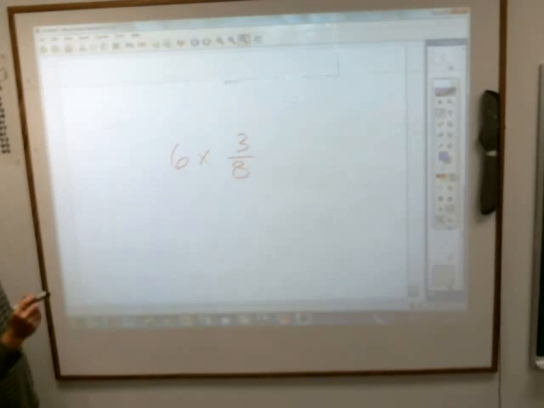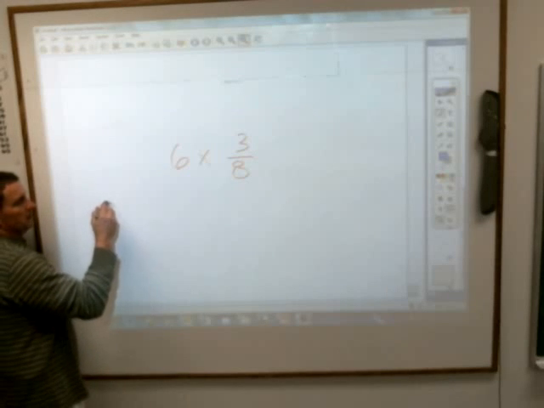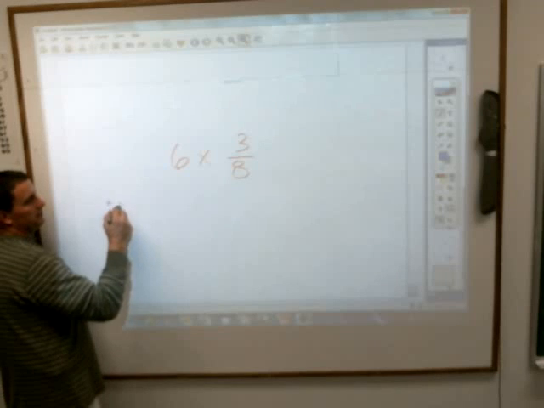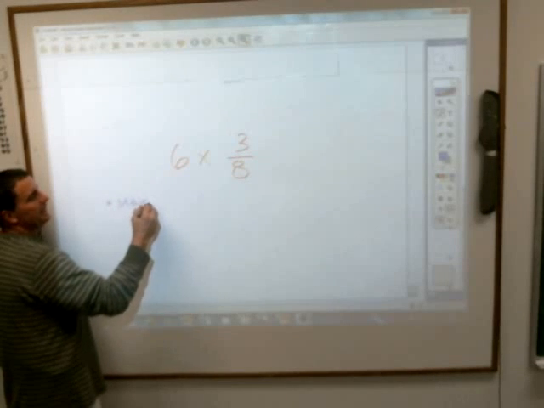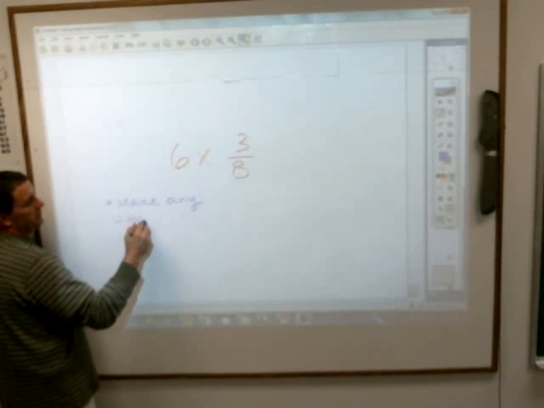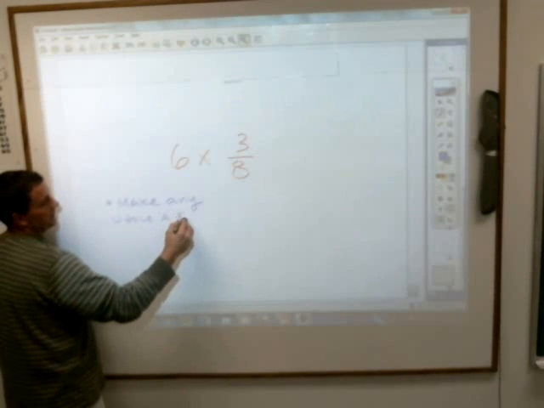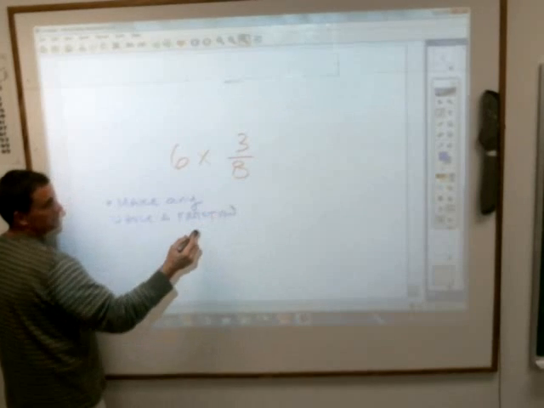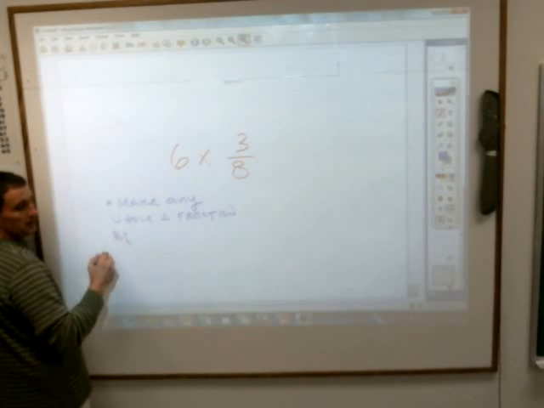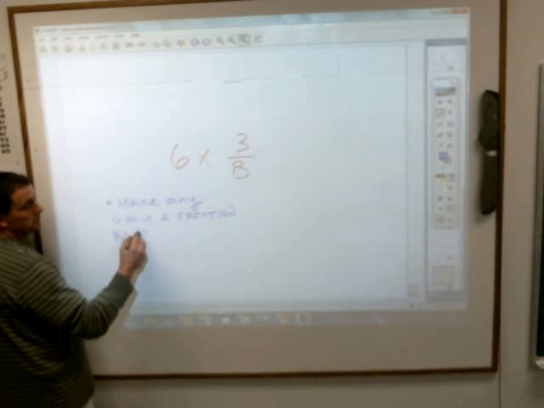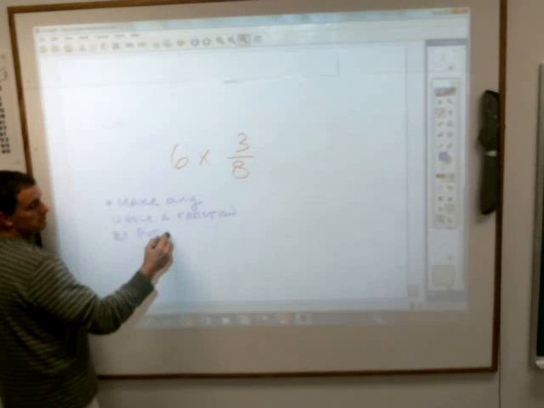Let me just throw this at you. First of all, 6 is not a fraction, but I can make 6 a fraction. I can make any whole number a fraction by doing what? How do I make 6 a fraction? Sandy?